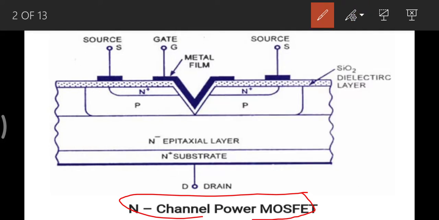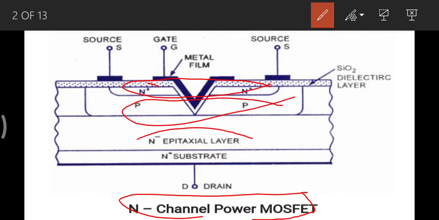In the basic structure, let us see here, totally four layers exist. What are those four layers? This N plus layer, this P layer, N minus layer and N plus layer.